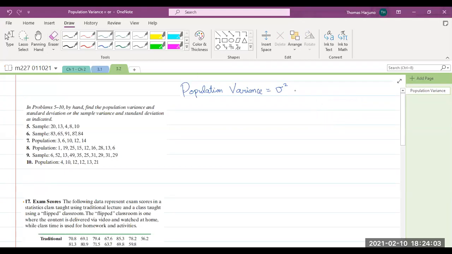Now our textbook gives a formula for population variance. No, actually they don't. They give the standard deviation and then the variance. We will not use the formula provided by our textbook. I will give you the definition formula.